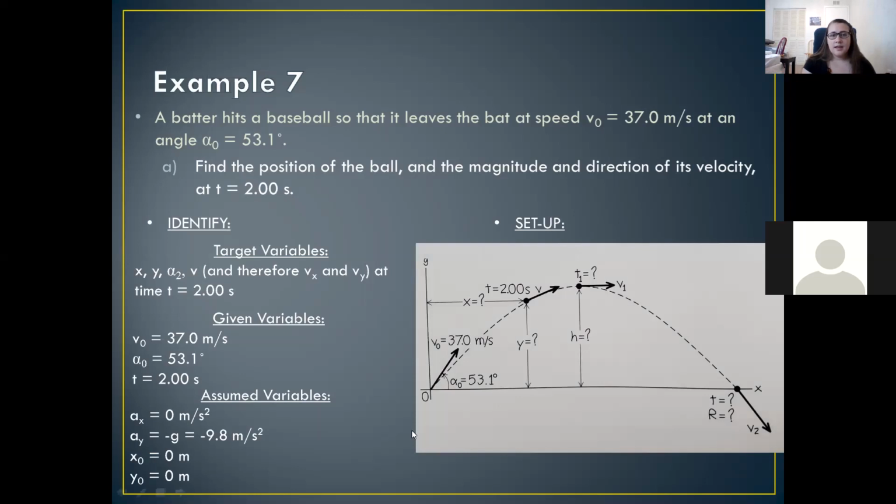We're hitting this baseball up at an angle with a speed initially. And if you know anything about baseball on Earth, you should know that the ball is going to go up and then come back down. It doesn't just hover in the air forever. That'd be unfortunate. It'd be a really boring game of baseball. So it's going to go up and come back down somewhere. We don't know where. So this is our setup. Let's get rolling.